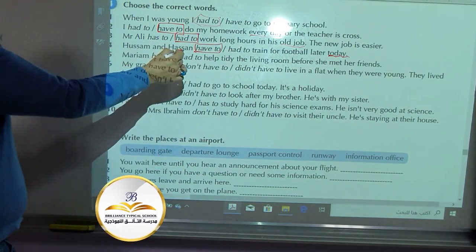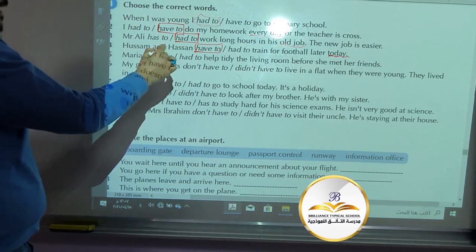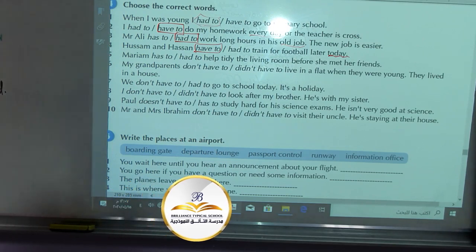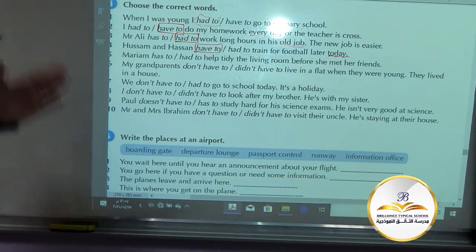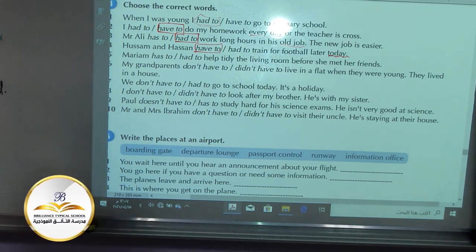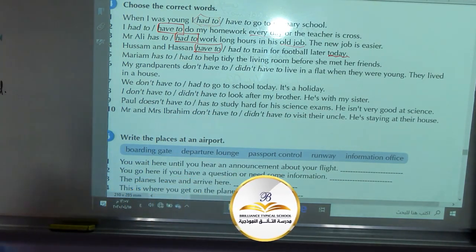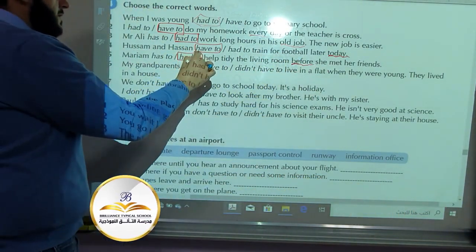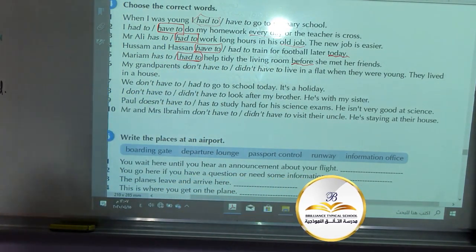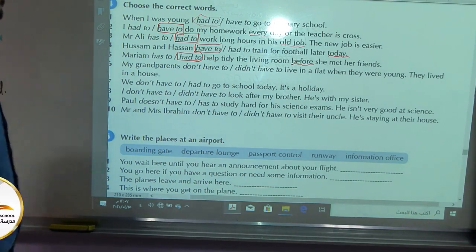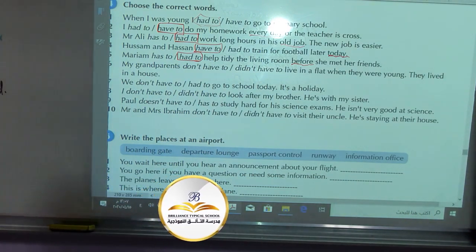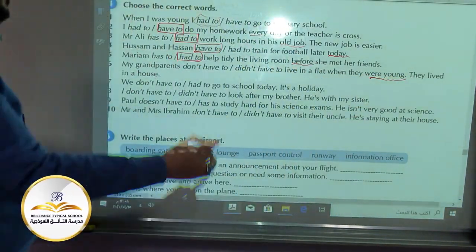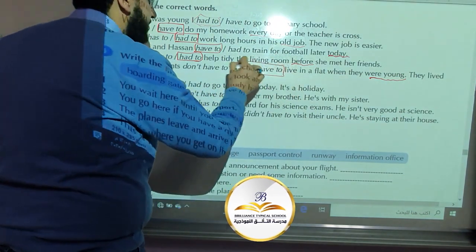And look, Hussam and Hassan, okay, plural. Maryam had to help tidy the living room before she met her friend. So here we have before, it also refers to the past, so had to. My grandparents didn't have to live in a flat when they were young. Look, when they were young, it refers to the past, so I'm going to use didn't have to.